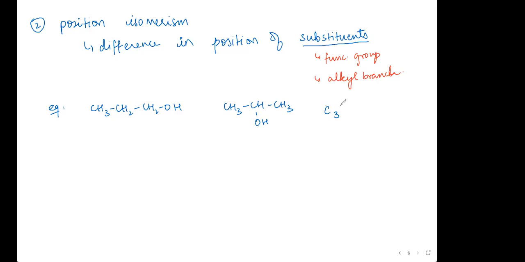So 3 carbons, how many hydrogens are there? 8. And oxygen? 1. Yeah. Okay. So the molecular formula in both the cases is C3H8O, but you can see that the structure varies here. What is the IUPAC name of this?